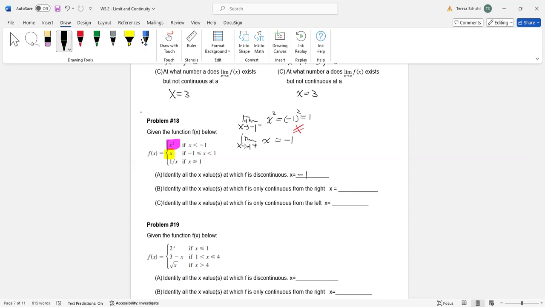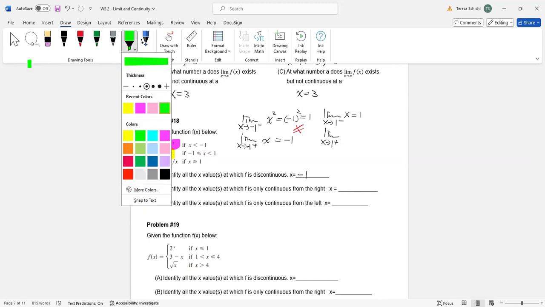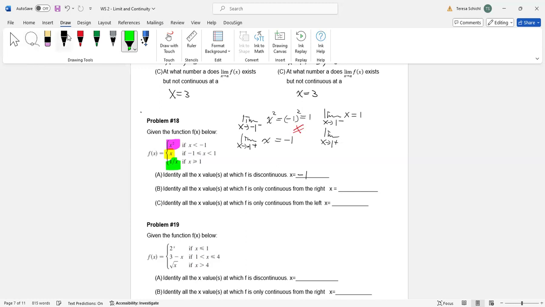All right, now let's take a look. The limit as x approaches 1 from the left-hand side, so less than 1, is still x. So this is 1. And then the limit from the right-hand side, a little bit greater than 1, we use 1 over x. So this is 1.